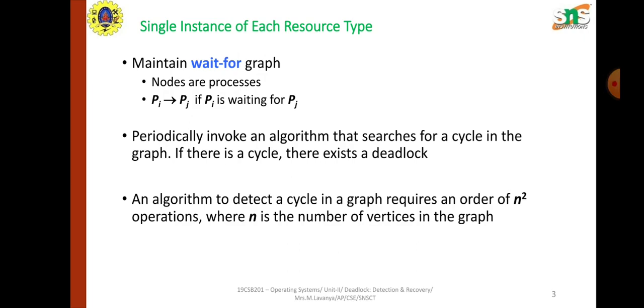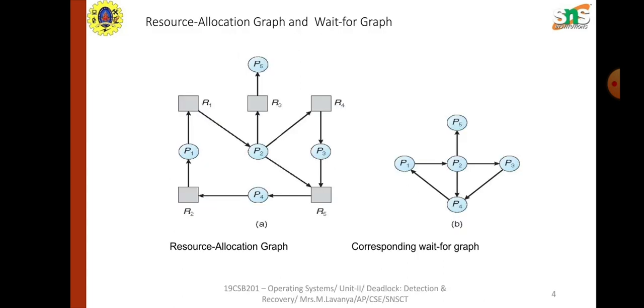An algorithm that detects a cycle in the graph requires n^2 operations, where n is the number of vertices of the graph. Okay, here is the graph. The first one represents the resource allocation graph, whereas the second one represents the wait for graph. As I have discussed earlier, the resources R1, R3, R4, R2 and R5, which were interlinked between all these processes P1 to P5, are removed and it is directly given as the wait for graph.